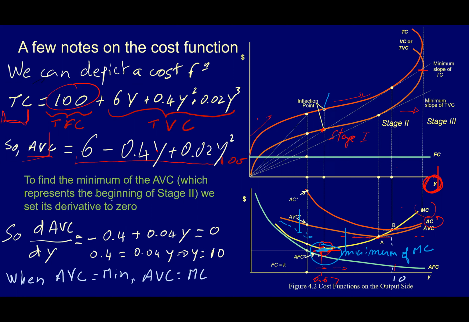So this is our production function. You have increasing returns to scale, and then you have an inflection point here, and then you have diminishing returns to scale, and ultimately we have negative returns to scale.